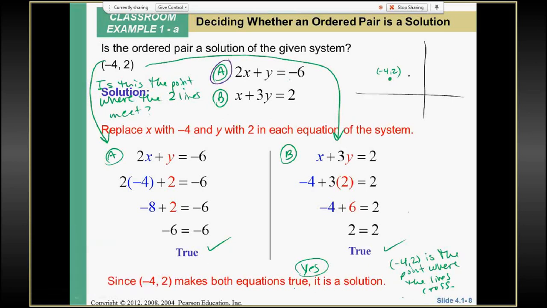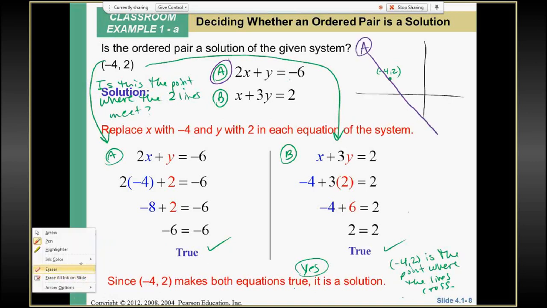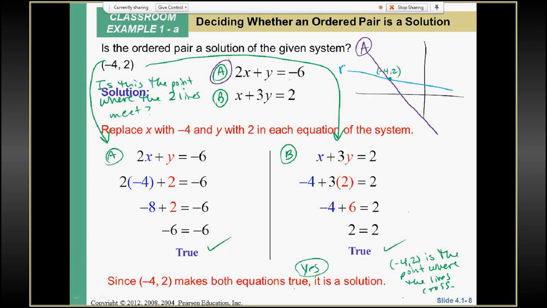So you have an A line here, and then you have a B line maybe here. Those are the two lines, and this is where they intersect. So that's essentially what you're doing. They're just not asking you to graph. They just want you to put the point in both. If it's true for both, then you would say yes.